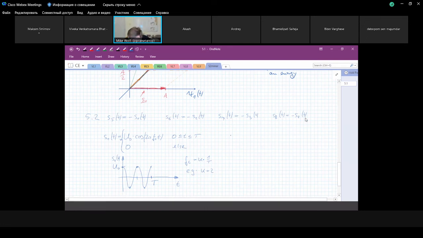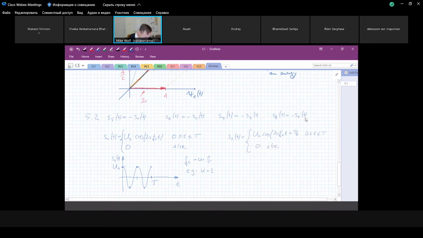So we say S2 of t is equal to, let's say we write this like this, U naught cosine of 2 pi fct plus pi by 4. Again, in this interval, and 0 else.